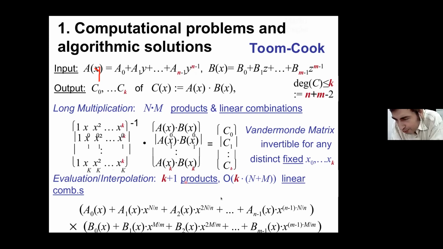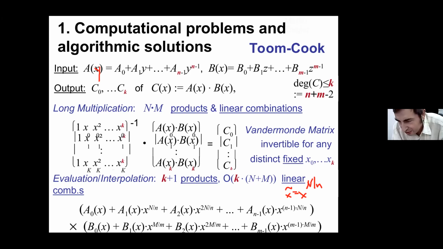When you have a polynomial in x of degree capital N, you can regard it as a polynomial of degree small n, but you have to change x to the power N over n. So you write x tilde is x to the capital N over small n.